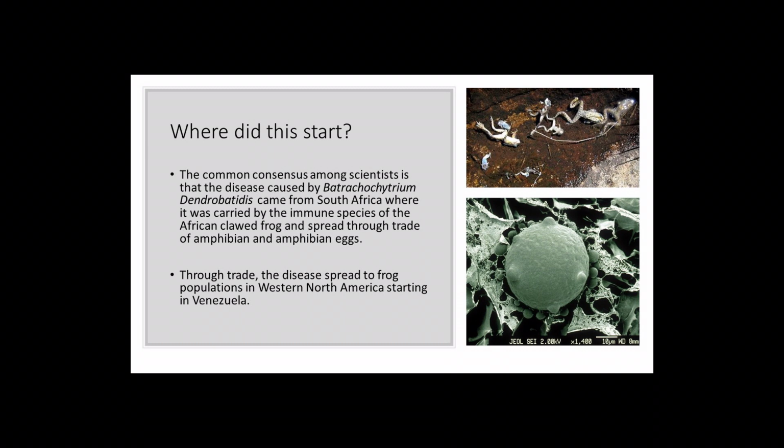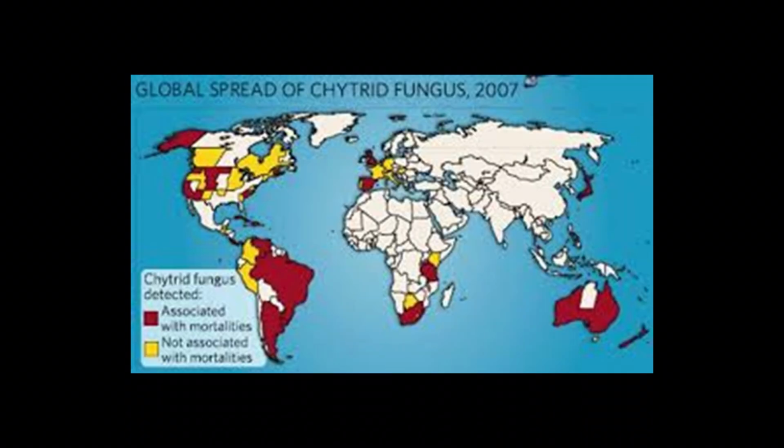So they exported these frogs, and the African clawed frog is actually immune to the disease, but that's actually worse, because then they are mobile carriers. So these frogs were exported to America, Australia, and Europe, and infected those frogs, and the disease just kept spreading more and more.